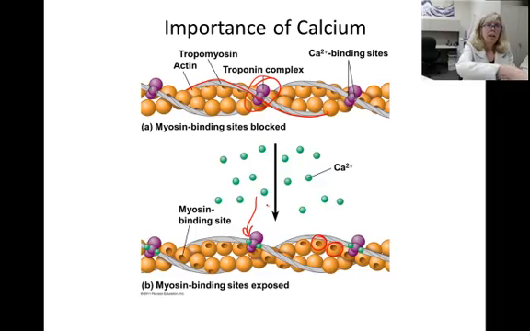The binding of the calcium causes a conformational change in the tropomyosin that pulls it off the actin binding sites and allows myosin to bind. When myosin can bind, the muscle can contract. But as soon as calcium is gone, the change in troponin complex is removed and the tropomyosin falls back over the active binding sites.